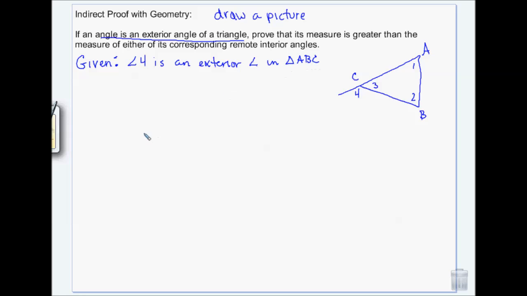I'm trying to prove that the measure of angle 4 is greater than the measure of angle 1, and the measure of angle 4 is greater than the measure of angle 2.